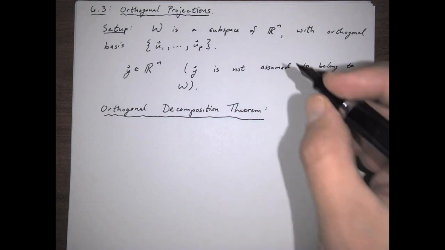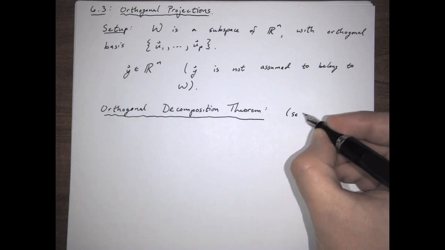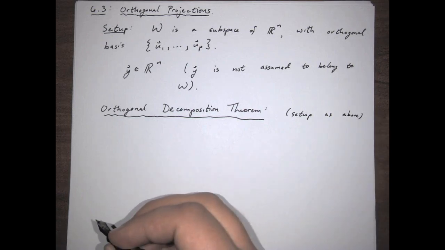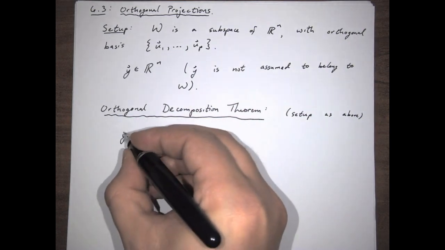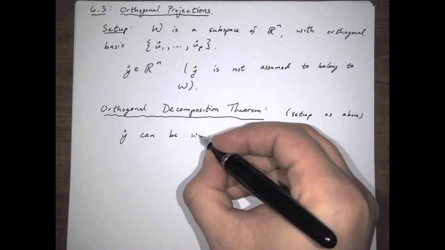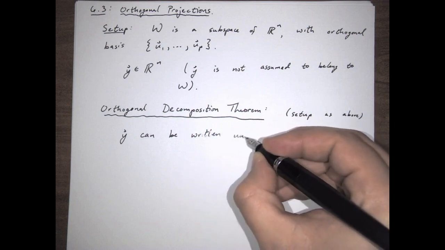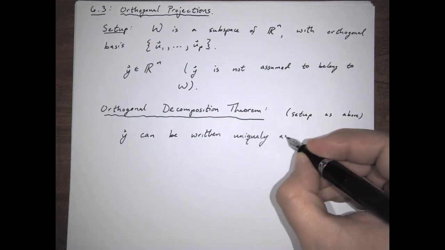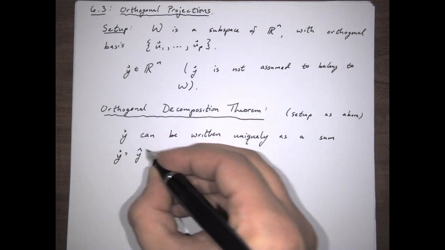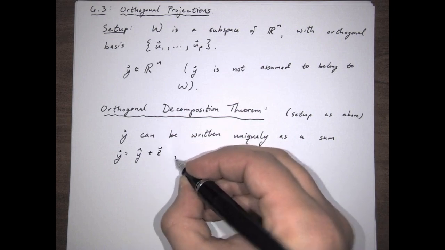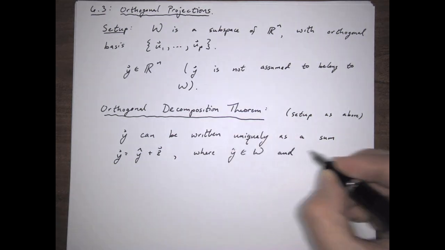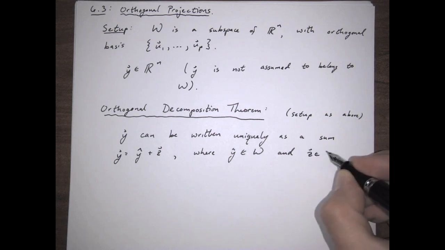And that says this. So with the above setup, then y can be written uniquely as a sum y equals y hat plus z, where y hat belongs to W and z belongs to W perp.